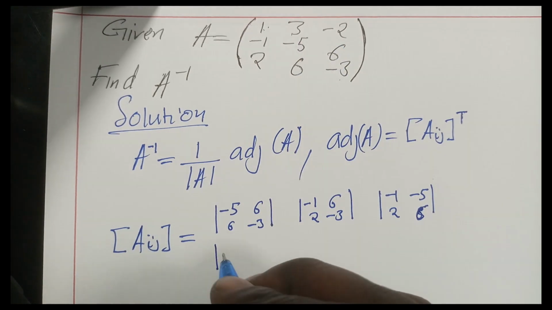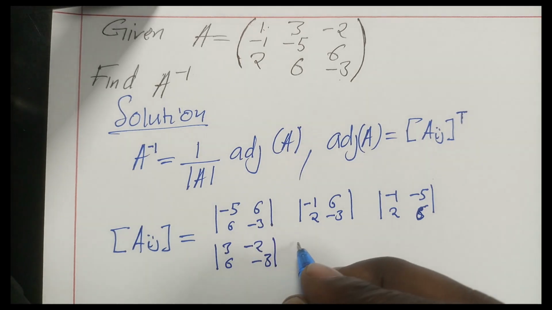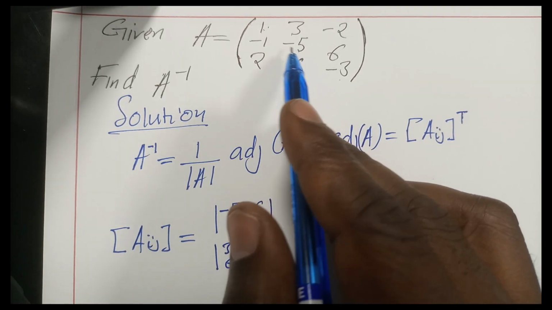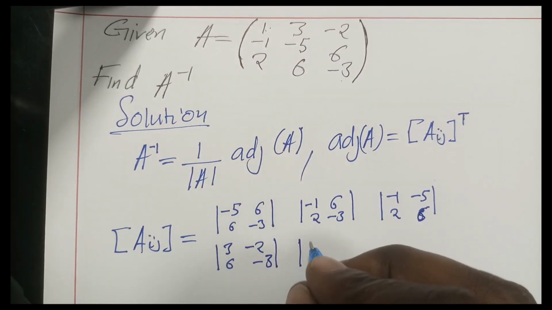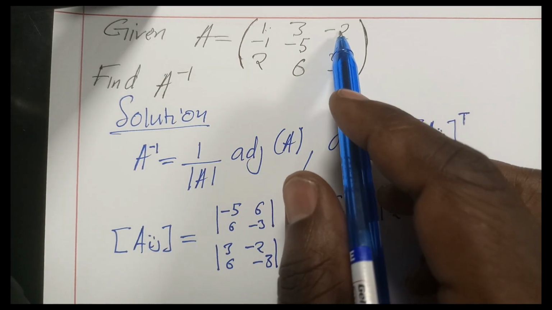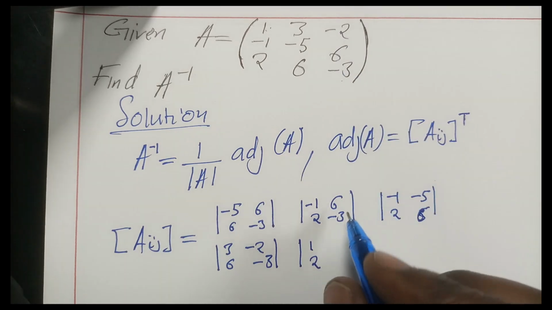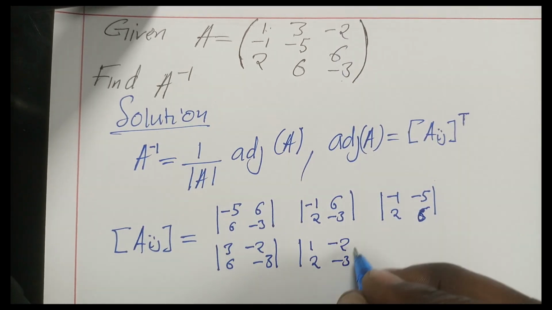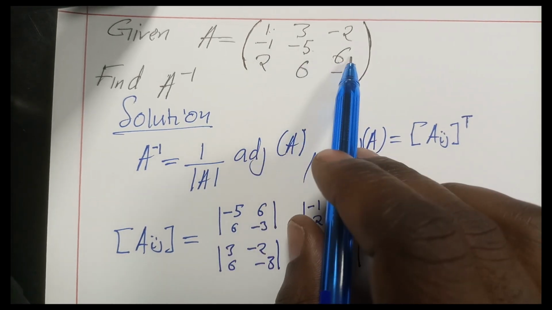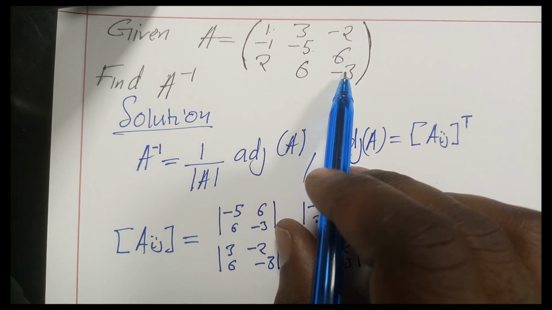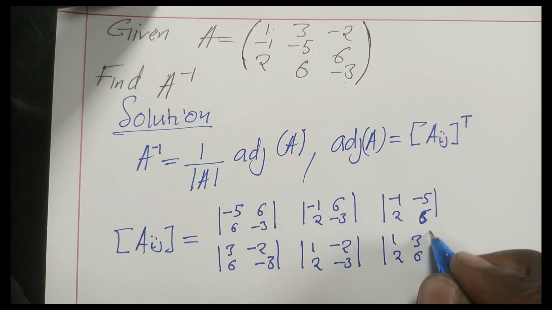For this element, delete this row and this column, remain with 1, 2 and negative 2, negative 3. And then the last element, 6, delete this row where 6 lies and this column where 6 lies, remain with 1, 2 and 3, 6.